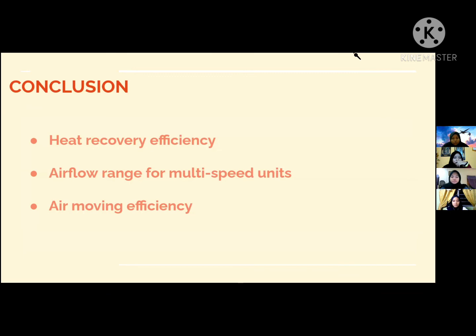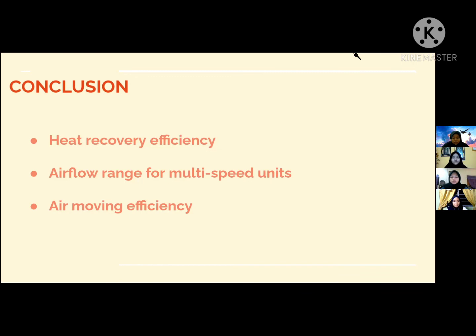In conclusion to our topic today, which is about heat exchangers, there are three factors that are observed in order to get the best heat exchanger. The first factor is heat recovery efficiency. Heat recovery efficiency is the most important performance factor.